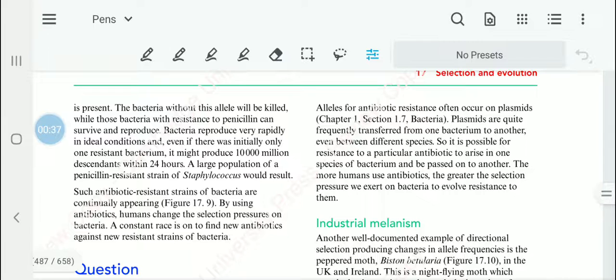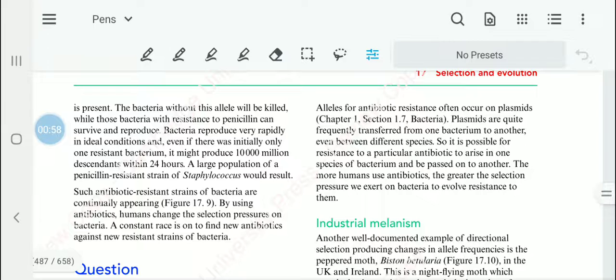The alleles for antibiotic resistance will most often occur on plasmids. Plasmids can be transferred from one bacterium to another, and also between different species.